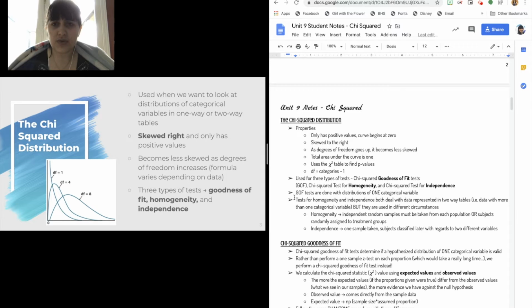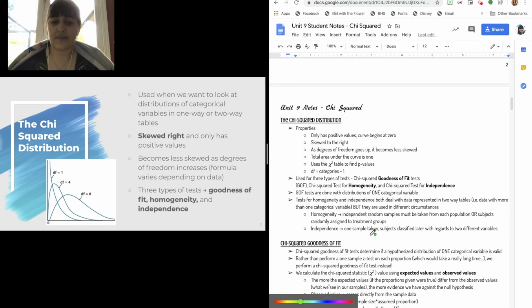When we talk about how you actually calculate it, chi-squared has its own special formula. If you think back to when we did z-tests and t-tests, you had to calculate a z value and a t value, where you did statistic minus parameter, something minus something over something else.